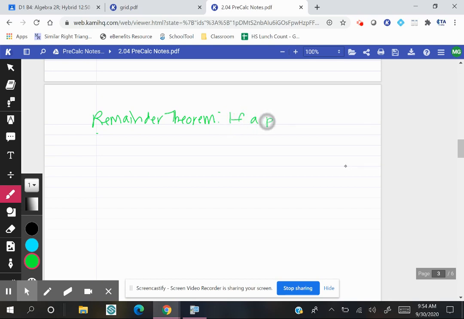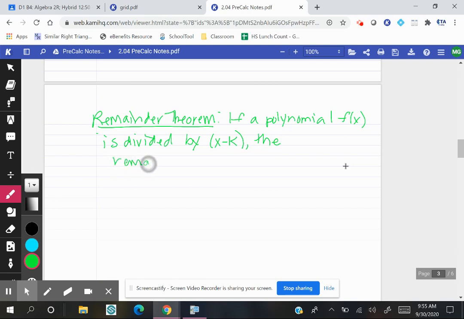So if a polynomial, let's say f of x, is divided by x minus k, the remainder is f of k, whatever this is right here. So the remainder equals f of k.